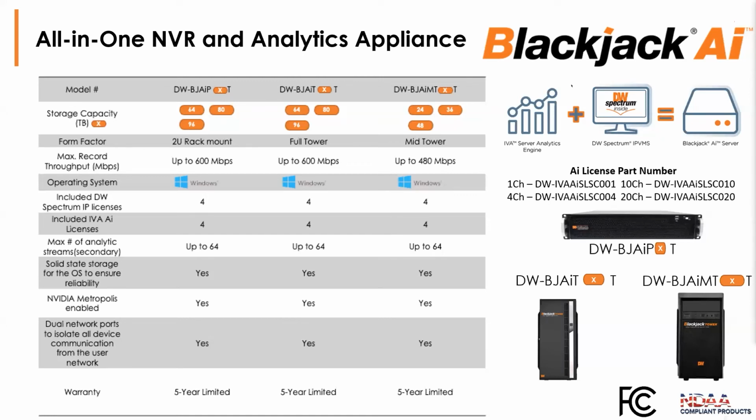Okay, it's not a one-for-one in this aspect. So you get one Spectrum license, you can cover 4 streams to record, but you will need 4 licenses for each one of those if you plan to use AI against that. So that is how the licensing structure will work on that.